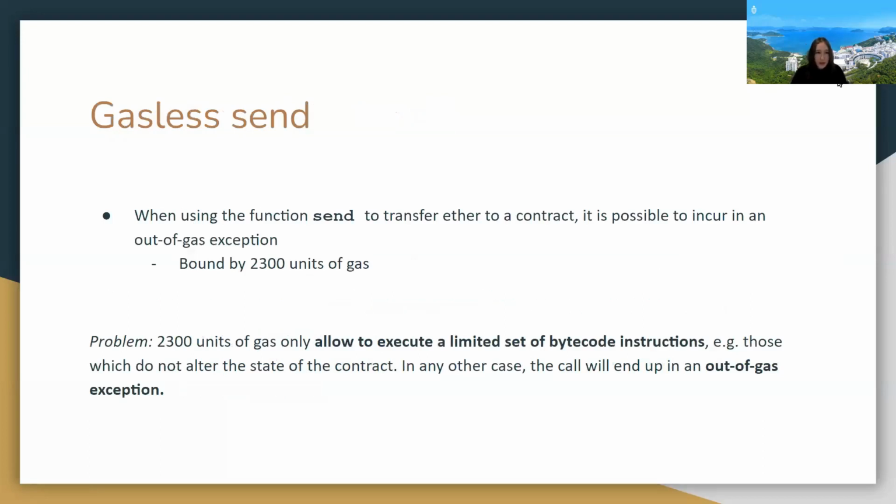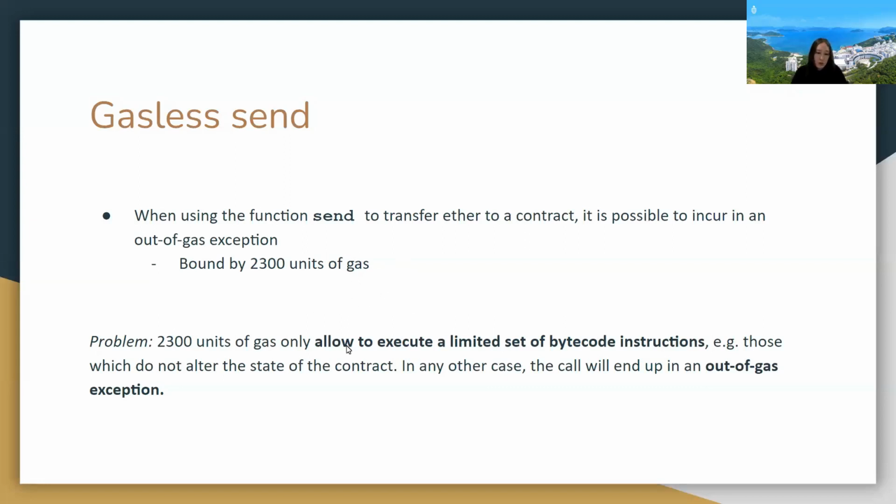The next vulnerability is gasless send. When you use the function send to transfer Ether to a contract, you might have an out of gas exception because send is bound by 2,300 units of gas. You've seen in the lecture that transfer and send are bounded by some amount of gas, but using the call method directly does not have limits on the gas.